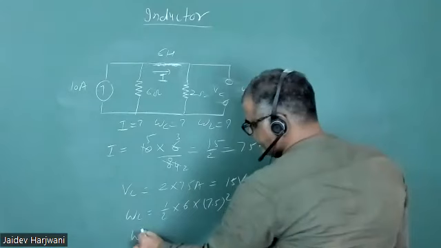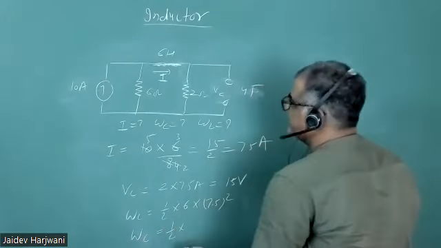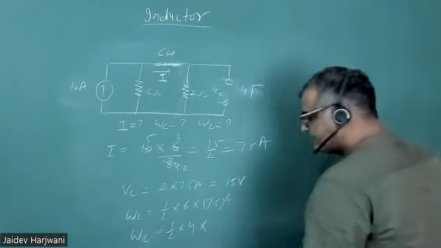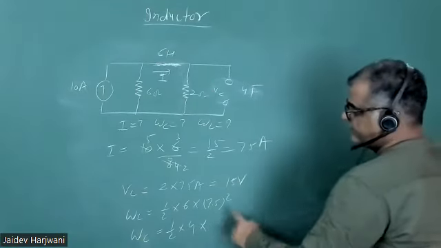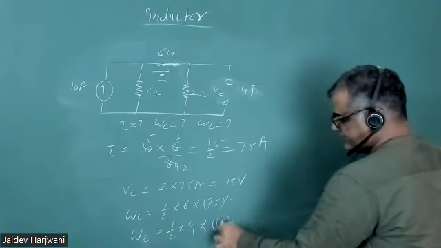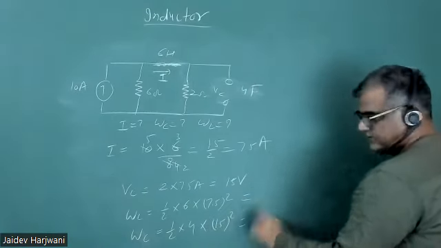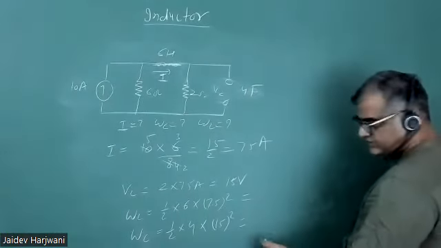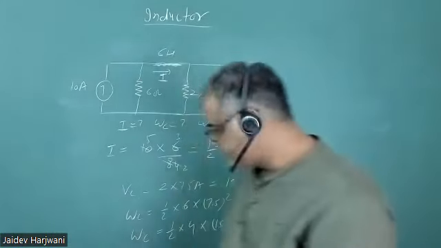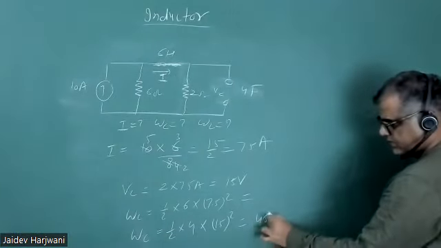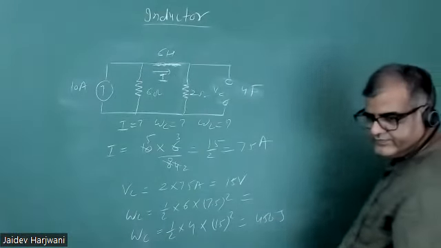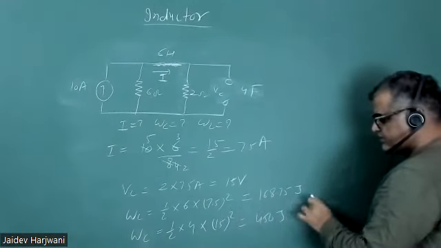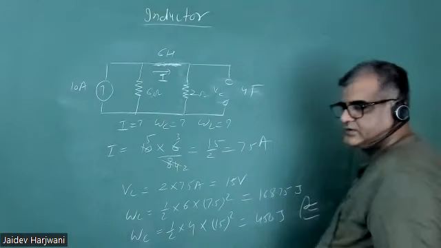Okay, and you find omega C, half C is 4, C V square, V is 15 square. So omega C is 450 joule. Omega L comes to 168.75 joule. Okay, so this is your answer.